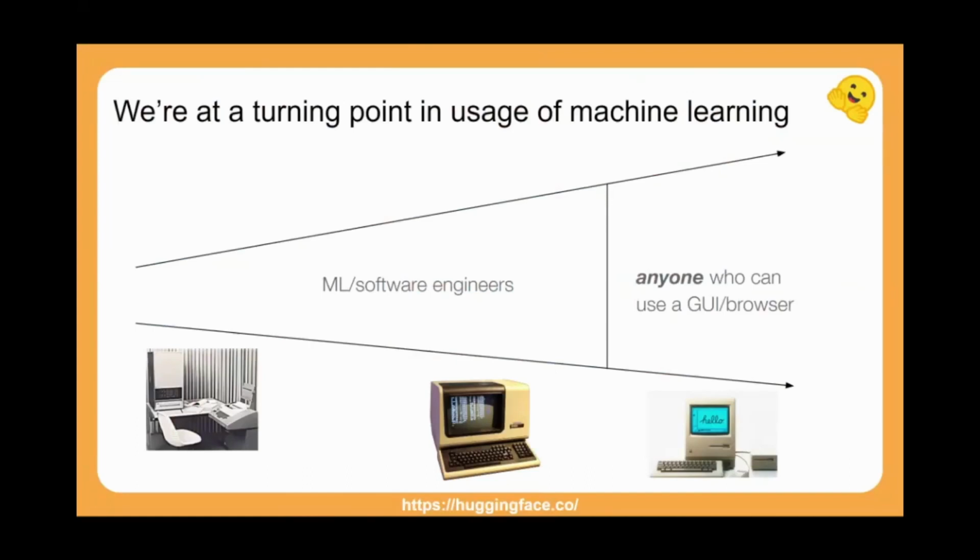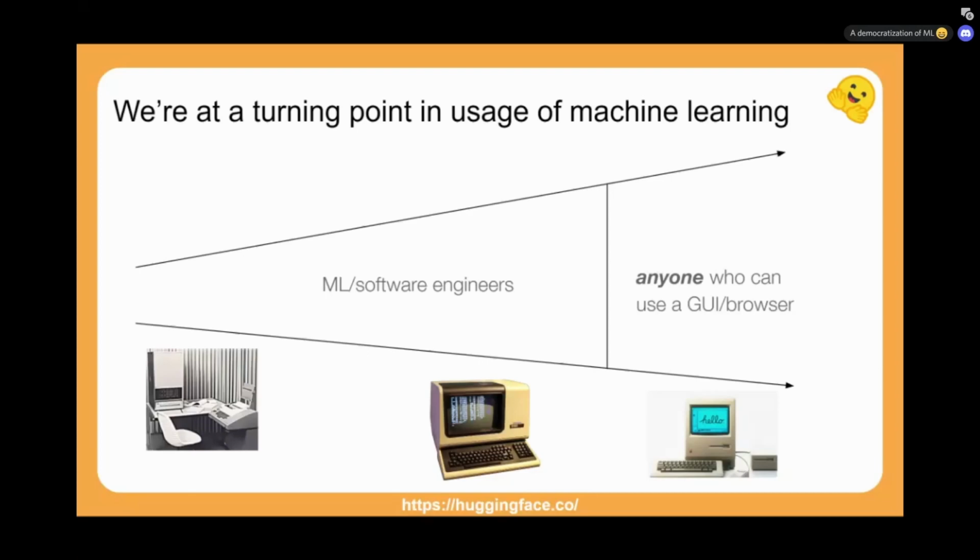And what this has led us to understand is that historically, I think this is the first point where it's not just hackers or engineers that are using machine learning. Really, anyone who can use a GUI or a browser can now access state-of-the-art machine learning, which is very exciting. And so we're hoping that opens up a lot more possibilities, a lot more use cases.